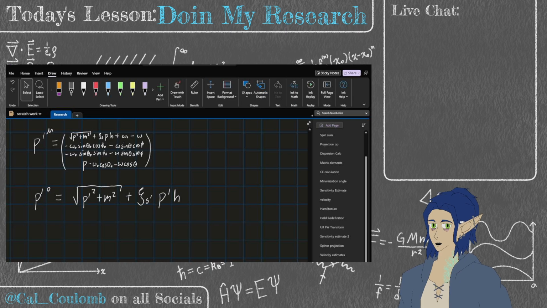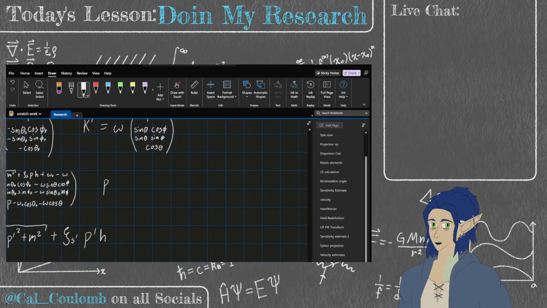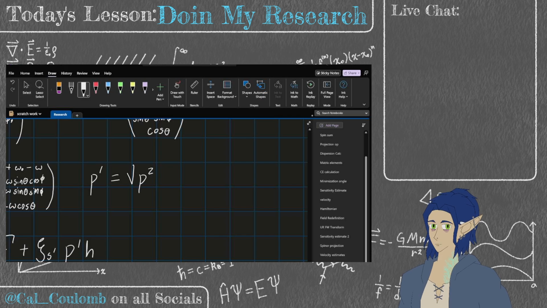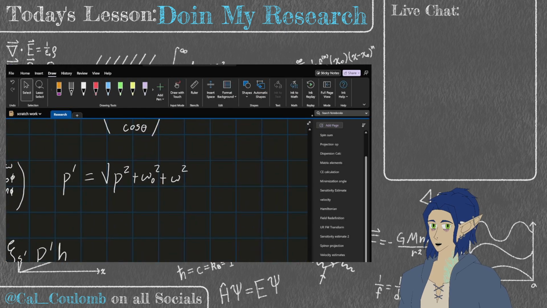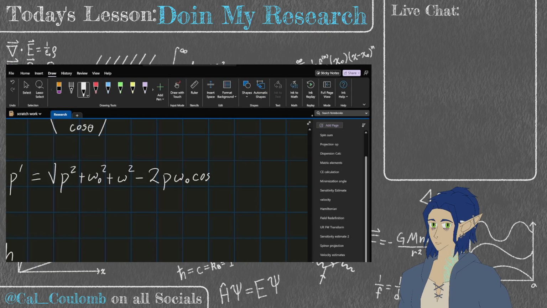And so we need to determine what this p prime squared is. And I believe I determined earlier that p prime was equal to the square root of p squared plus omega naught squared plus omega squared minus 2p omega naught cosine theta.